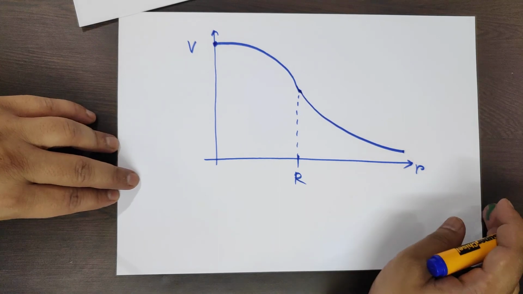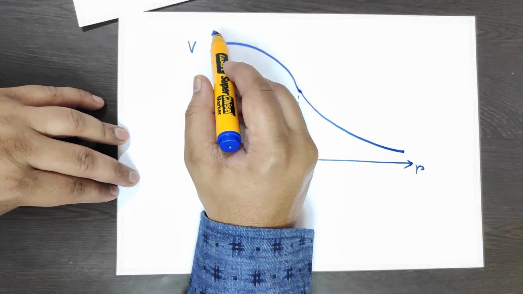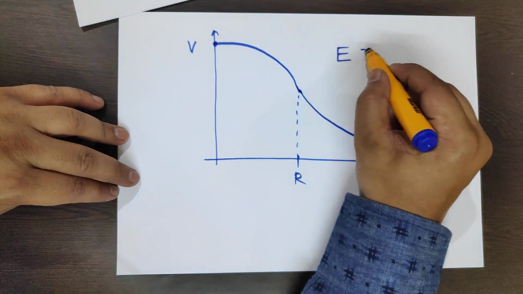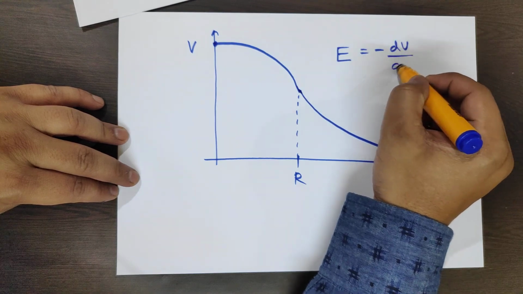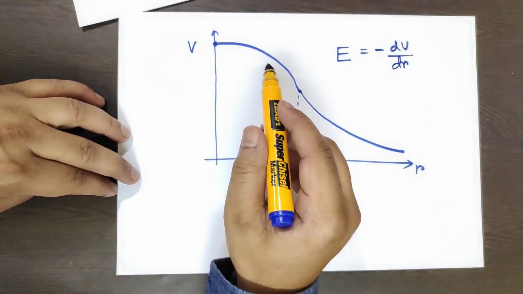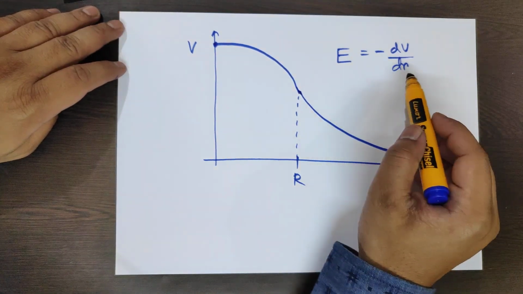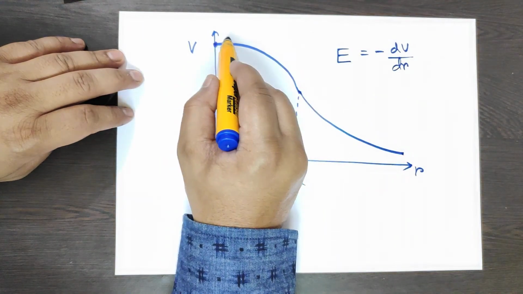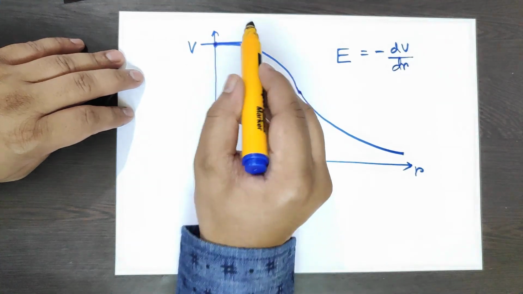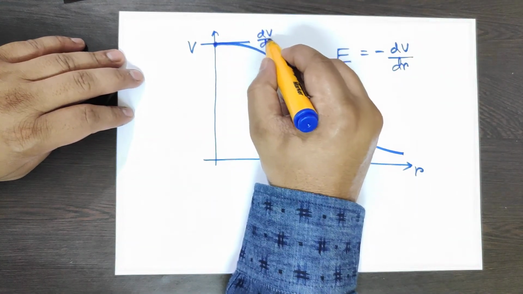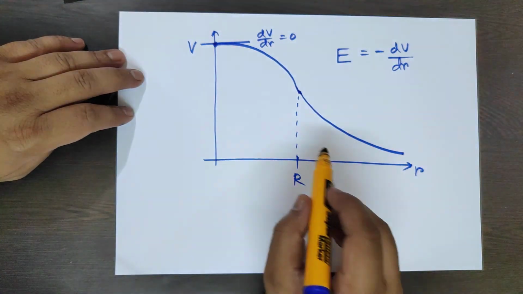Why does it become flat here? Because at the center, E is equal to minus dV dr. It's a single variable function of r, radially symmetric field. So minus dV dr. So as here field is equal to 0, so dV dr equal to 0. That means it should be flat.